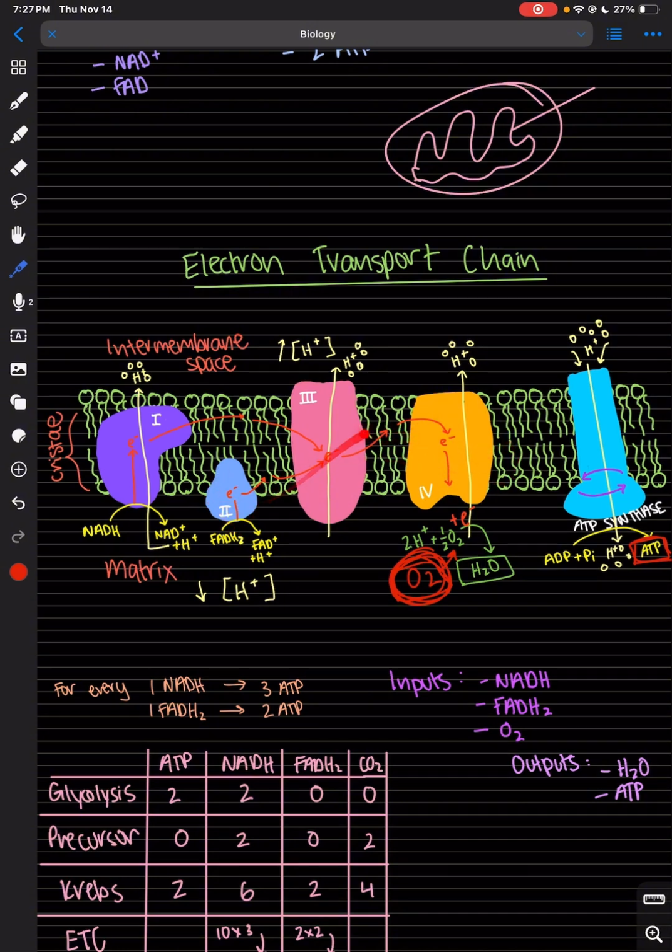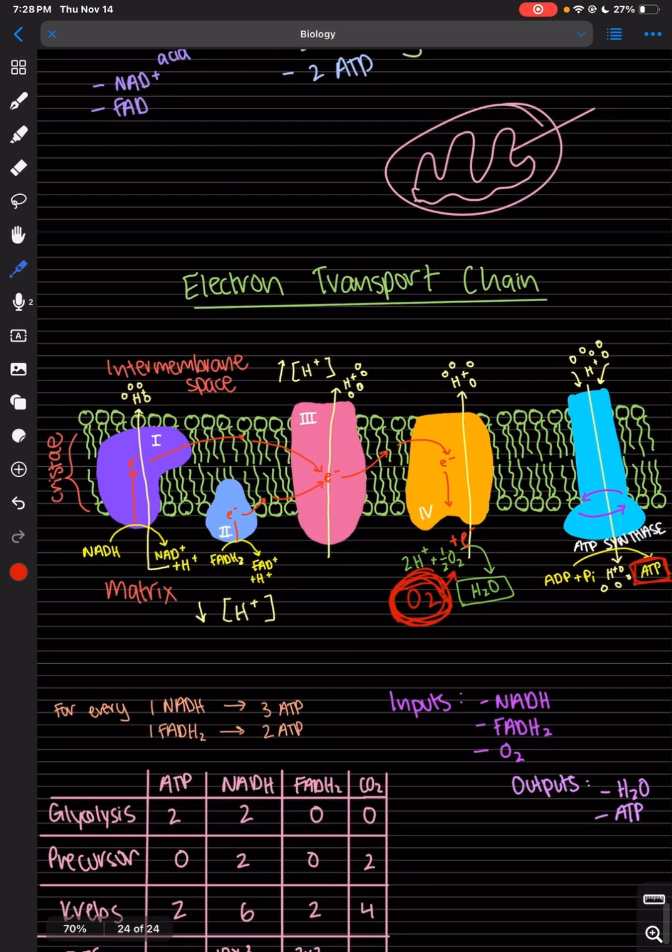They're shorter in time in the ETC. If these electrons are only traveling this distance, but those electrons are traveling this distance, naturally they are going to provide less energy, right? So these electrons provide only enough energy for 2 ATP to be made. So for every 1 FADH2 is 2 ATP.